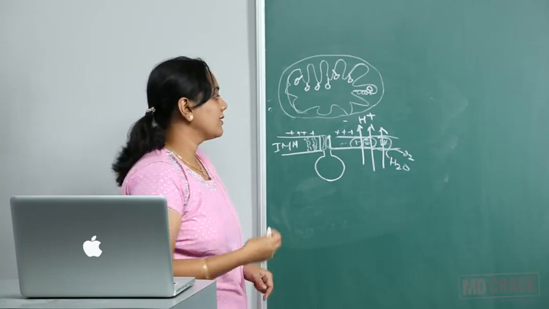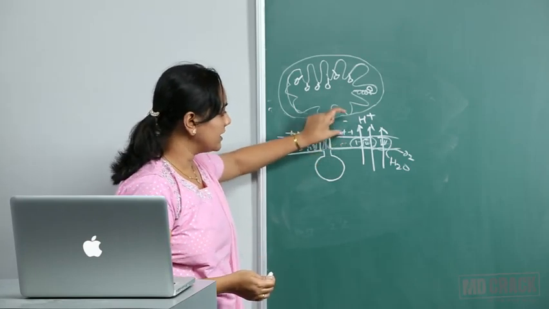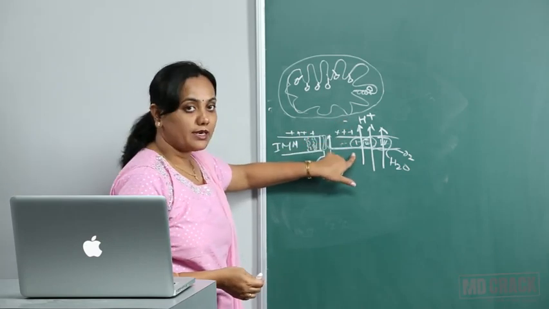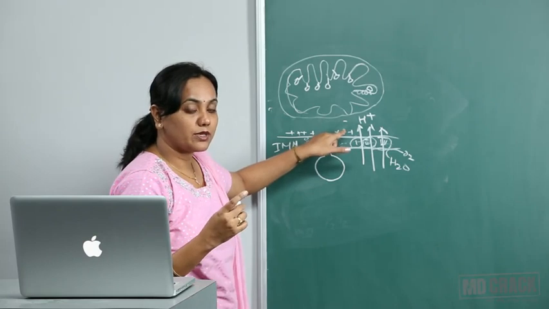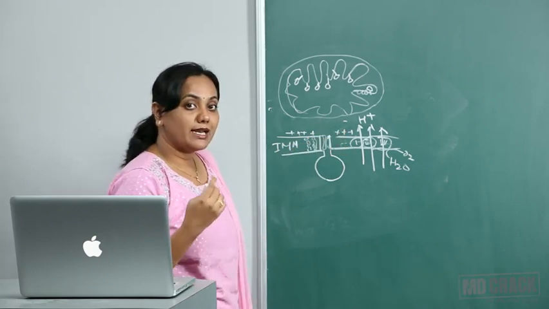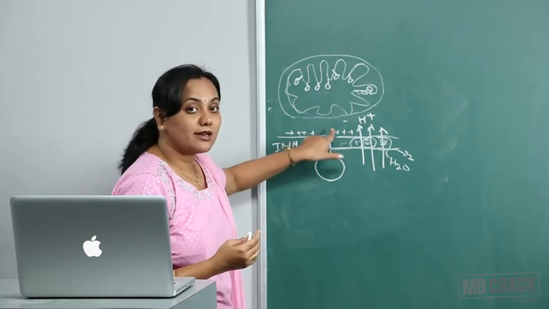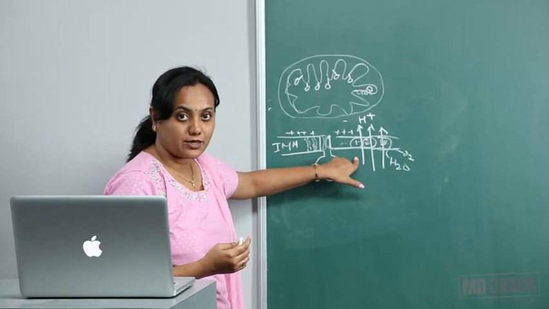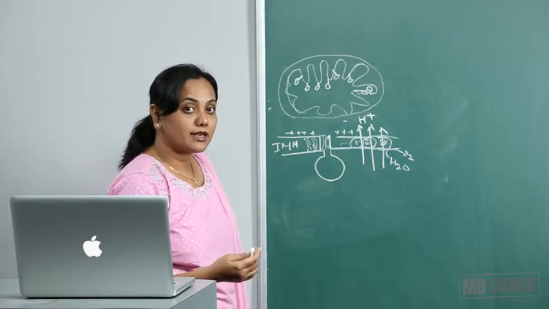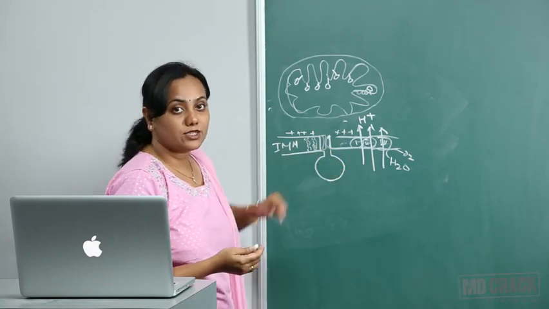If protons accumulate like this, what is the difference between here and here? The protons have two properties. One, they have an acidic property, so they can decrease the pH over here and there will be increased pH here. At the same time, they have a charge also, so there will be a voltage difference.